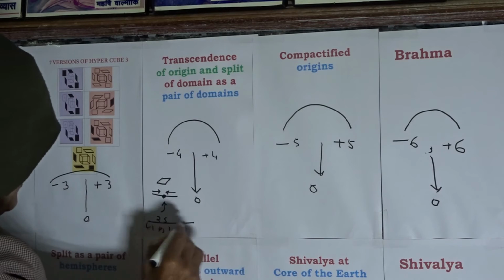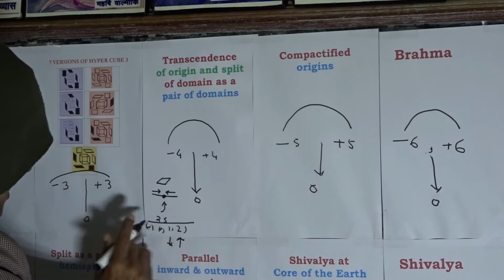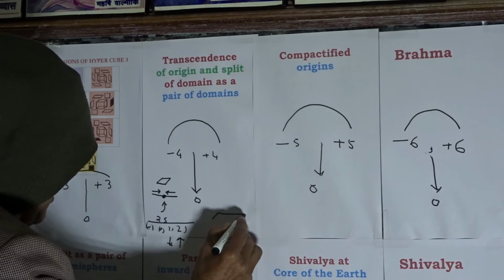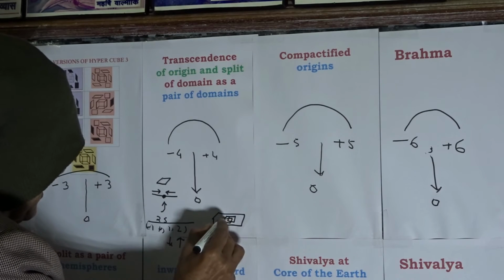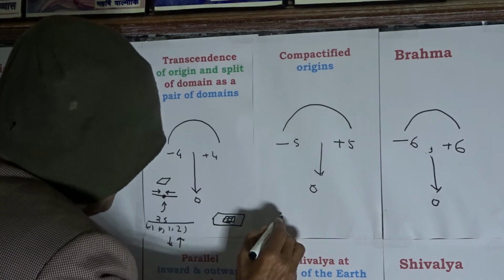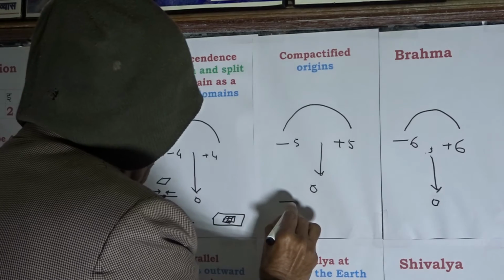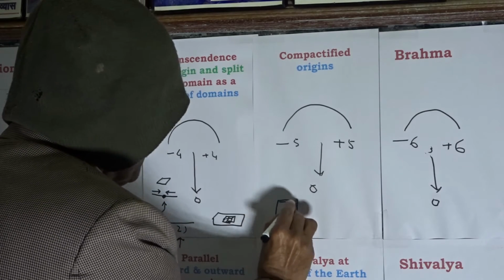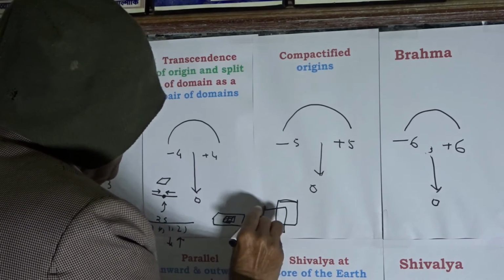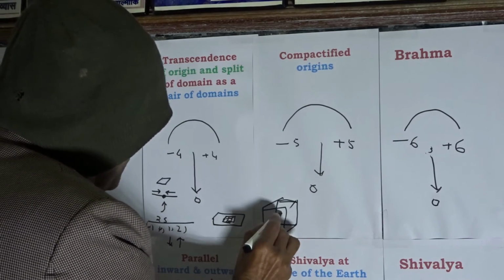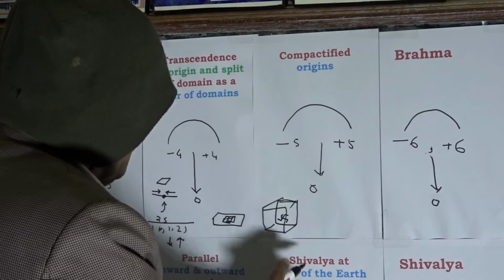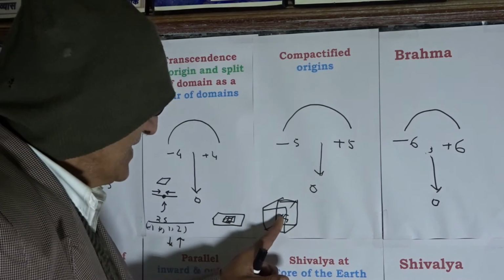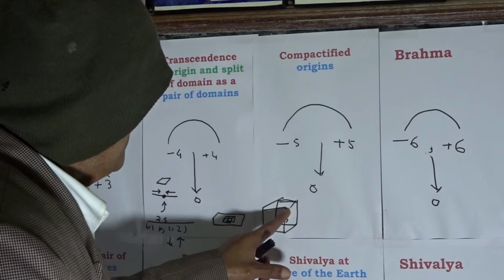And likewise the 3 space is playing the role of an origin of a 2 space, and we know that 4 space is playing the role of an origin of a 3 space. It is this feature that 4 space is playing the role of an origin of a 3 space, and 4 space is the creator's space.